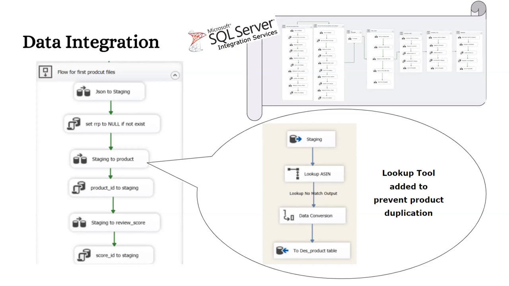So how did we prevent duplication of information when we assign a primary key to new data? Here you can see from the callout on the right that we use a lookup tool in SSIS to check if the data points already exist in the database. If the data is truly new, it gets assigned a primary key while being added to the table.